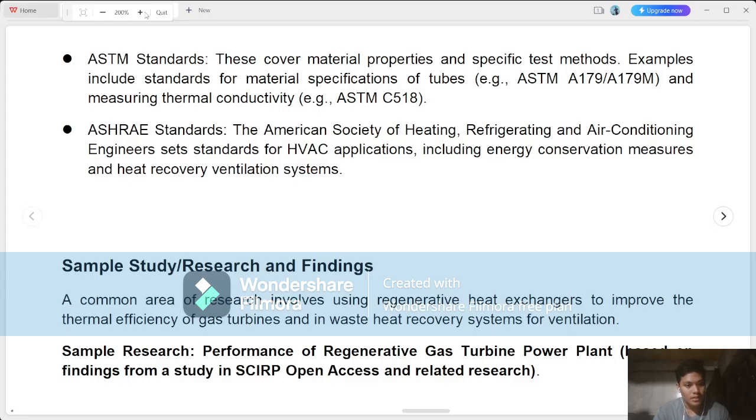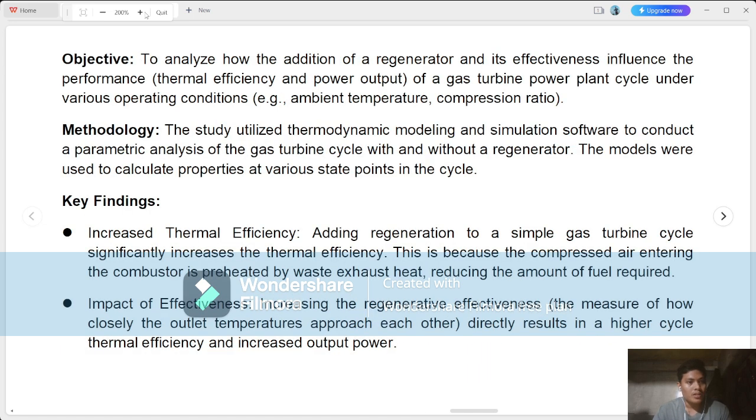First research is the performance of a regenerative gas turbine power plant, based on findings in the study of SCIRP open access and related research. The objective of the study is to analyze how the addition of the regenerator and its effectiveness influence the performance of the gas turbine power plant cycle under various operating conditions.